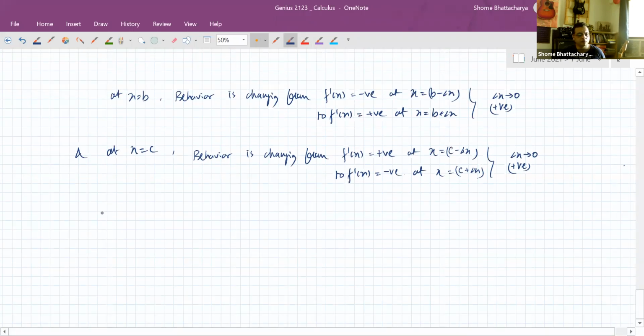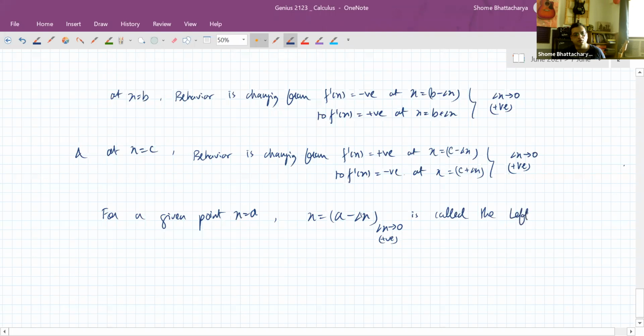So x equal to a, or we can say like this, that for a point x equal to a, x equal to a minus delta x, with delta x tending to 0, is called the left hand limit of x equal to a.